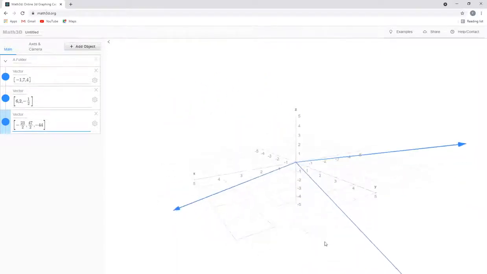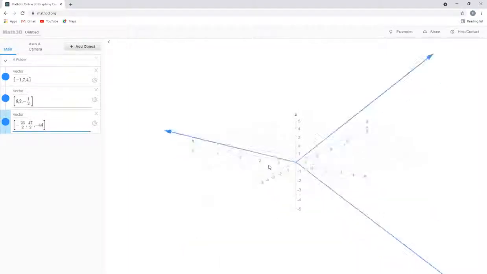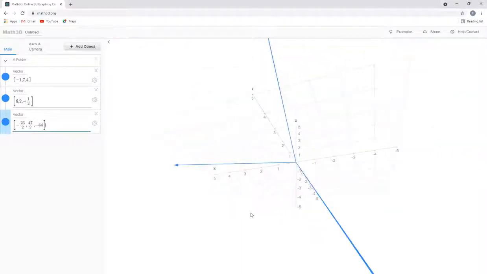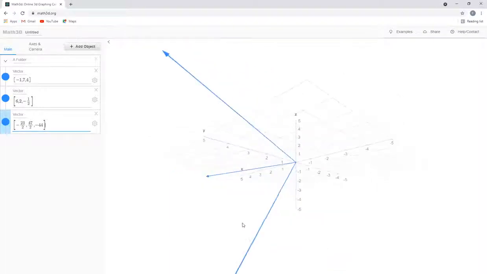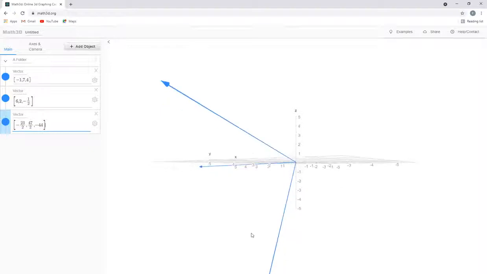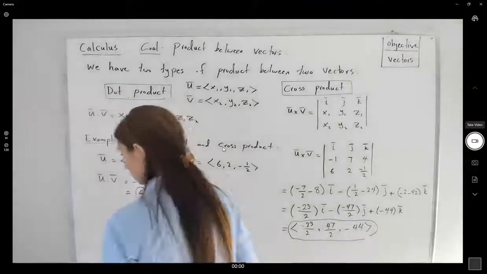If you consider the plane passing through these two vectors, the cross product between vector u and vector v is normal or perpendicular to this plane. There you go.